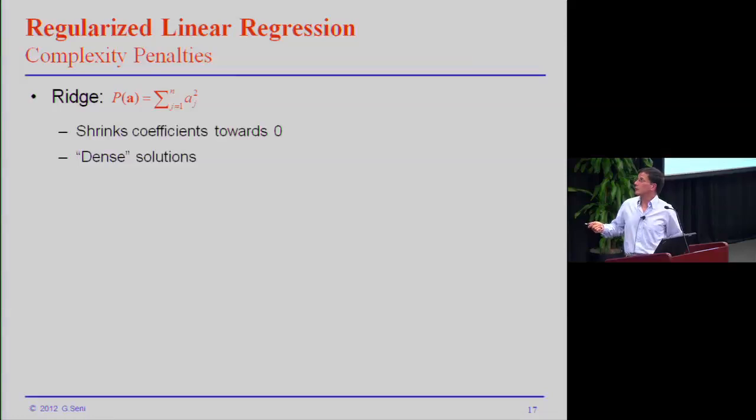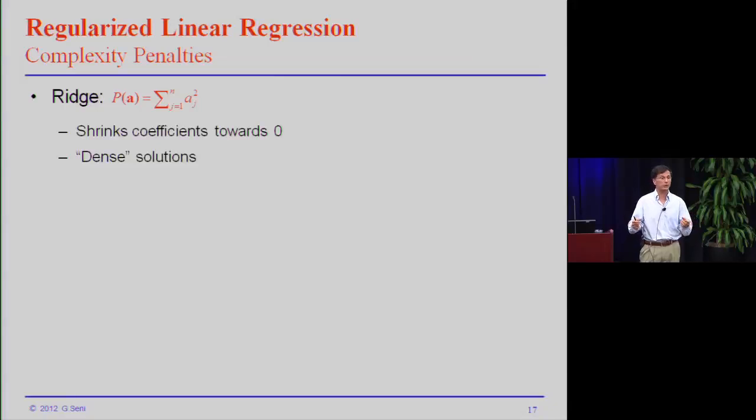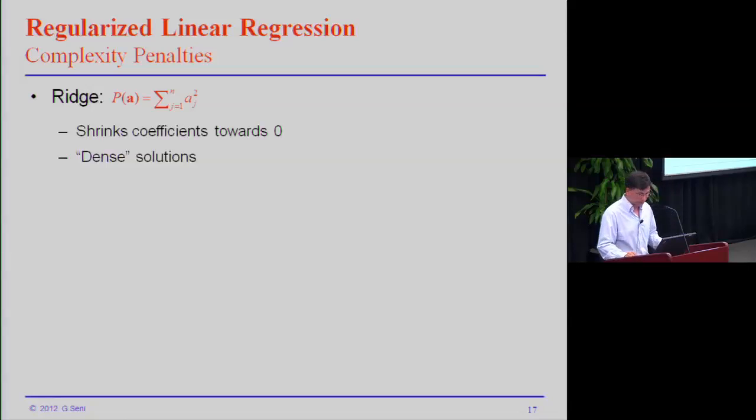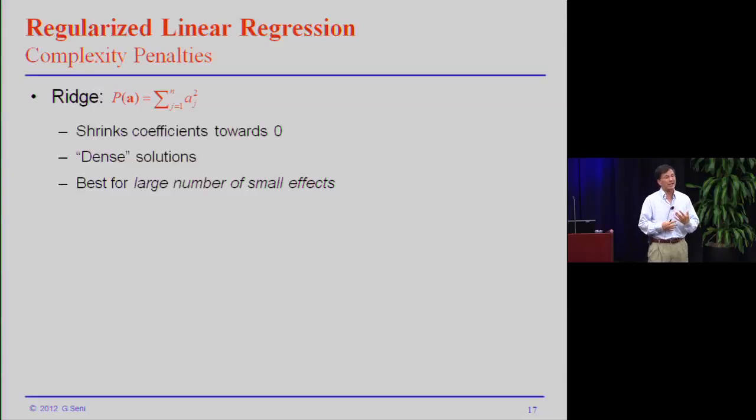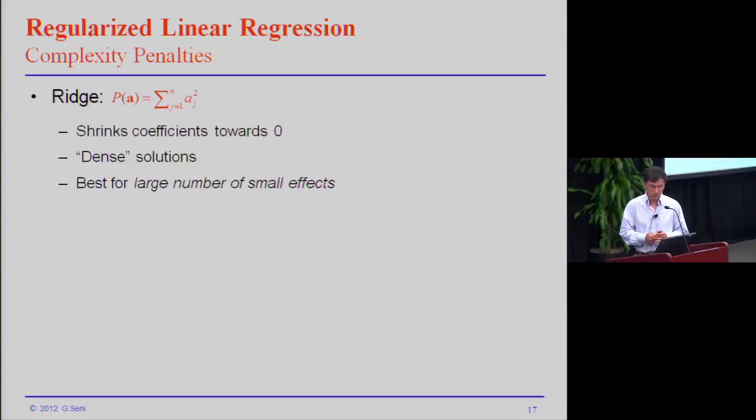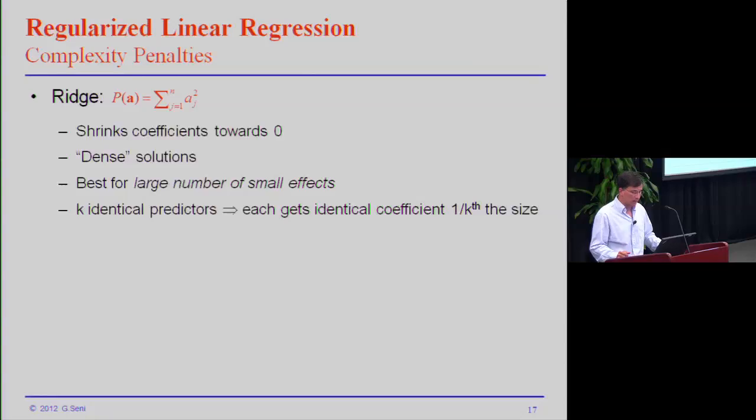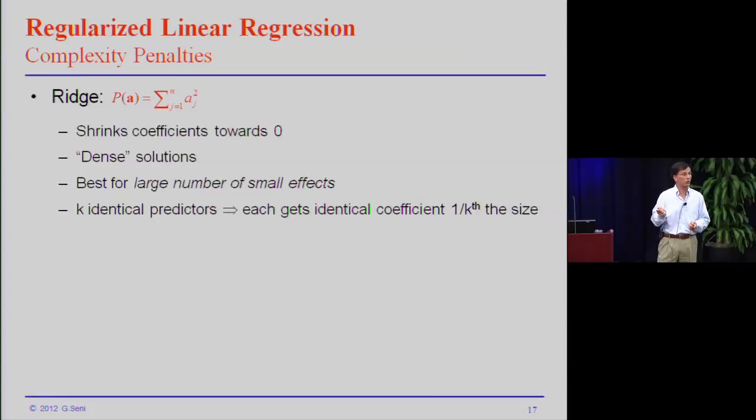However, ridge tends to produce what I've been calling dense solutions, that is, coefficient vectors where the majority of the coefficients are non-zero. And as such, ridge is best for problems where there is a large number of small effects, and there aren't that many correlated variables, right? Because in the extreme case that if we had k identical predictors, ridge is going to assign to each of them 1/k of the value of the coefficient if only one of the variables was present.